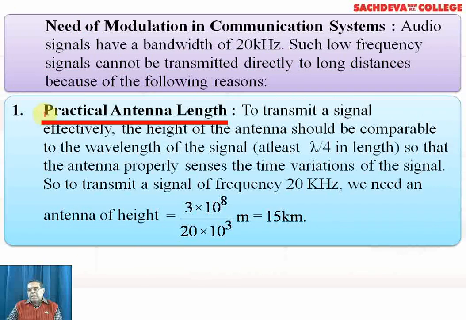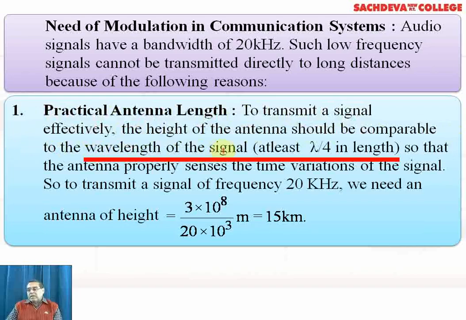Practically, we have to check the antenna length. To transmit a signal effectively, the height of the antenna should be comparable to the wavelength of the signal, at least lambda over 4 in length, where lambda is the wavelength of the transmitted signal, so that the antenna properly senses the time variation of the signal.